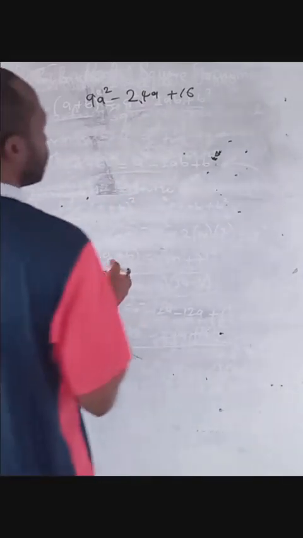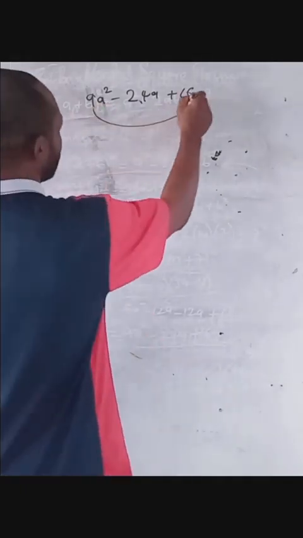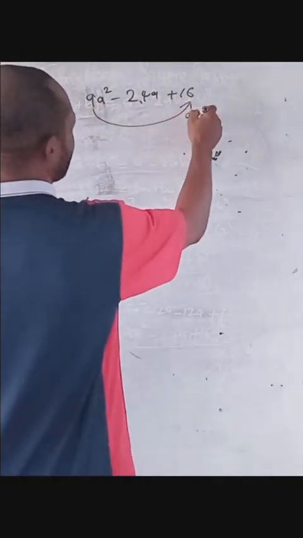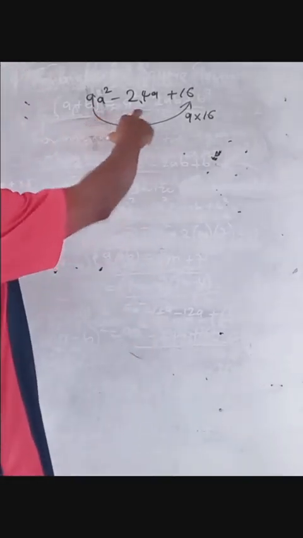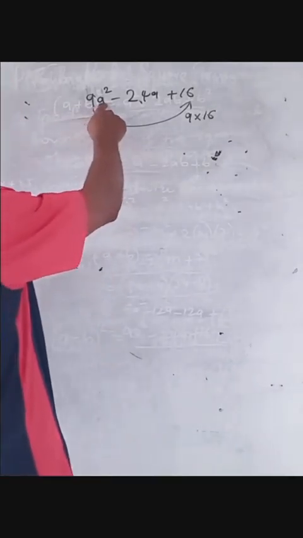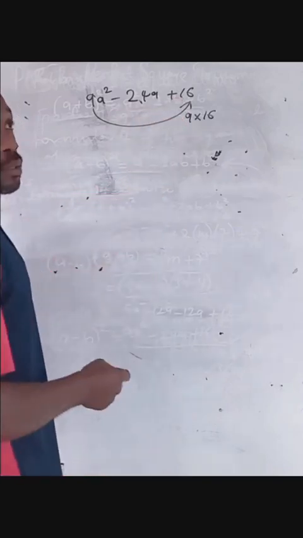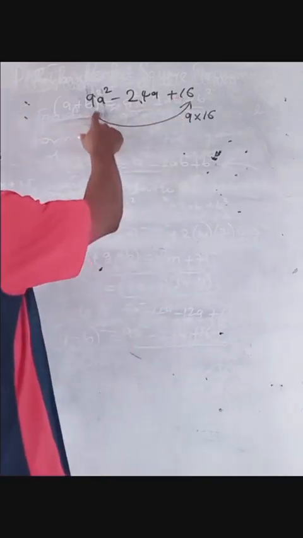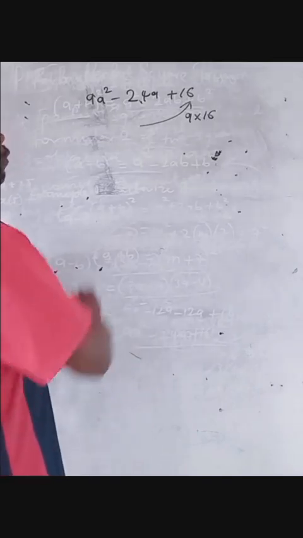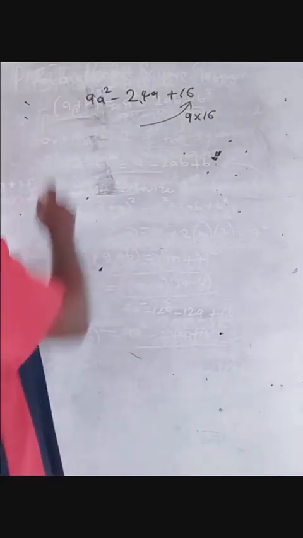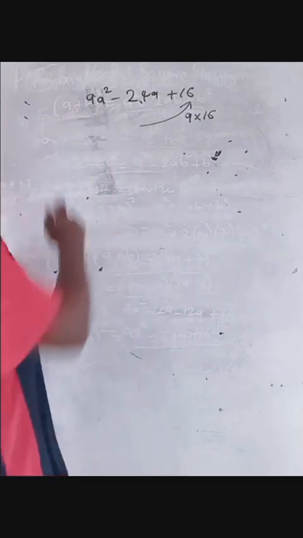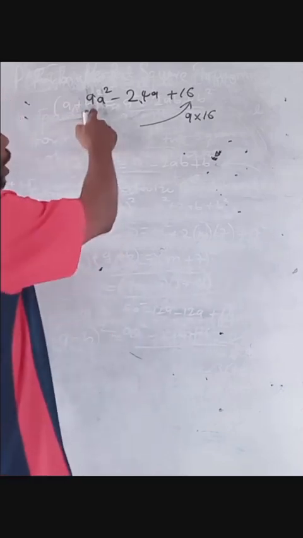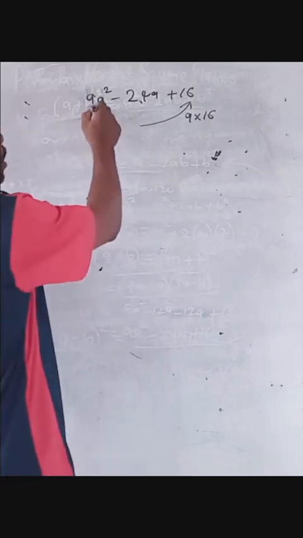So first of all, we are going to multiply this value, 9 multiplied by 16. When you have this type of algebraic expression, 9a squared minus 24a plus 16, where the coefficient of a squared is greater than 1, this is how to factorize it.